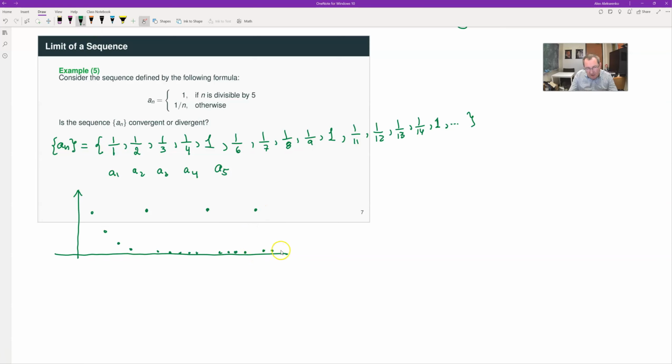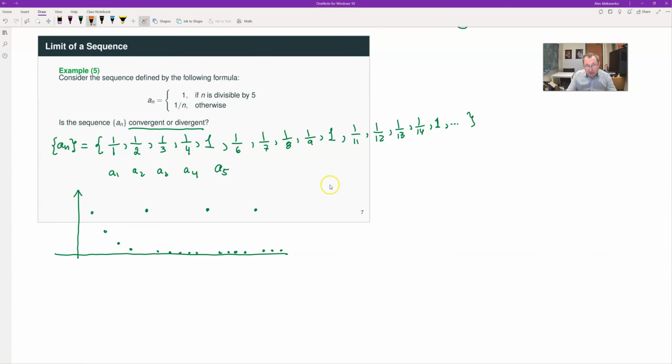So we're going to have a sequence that mostly stays around 0, but every now and then bounces back to value 1. So here's the question. Is the sequence convergent or divergent?